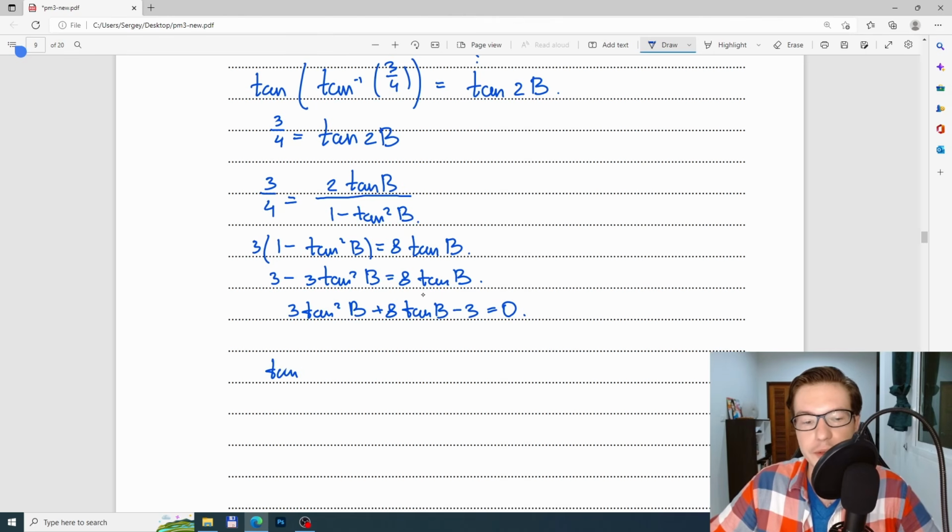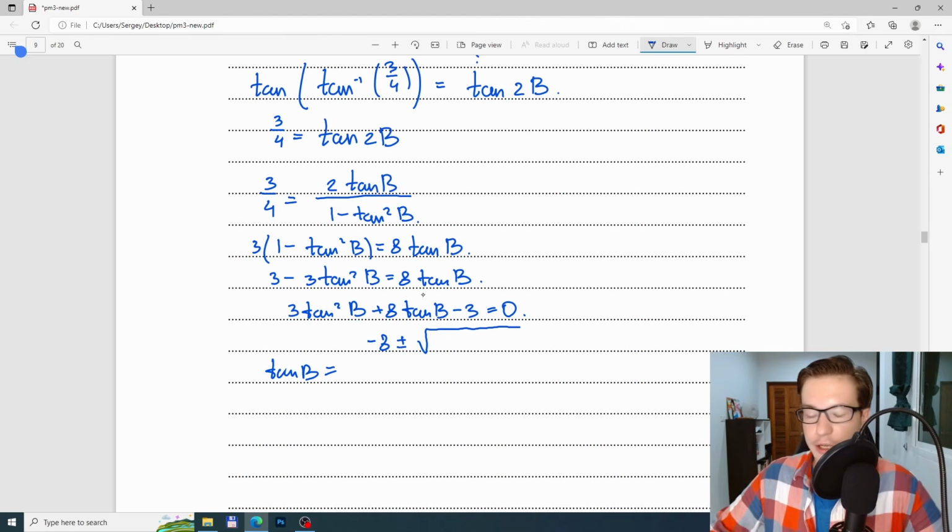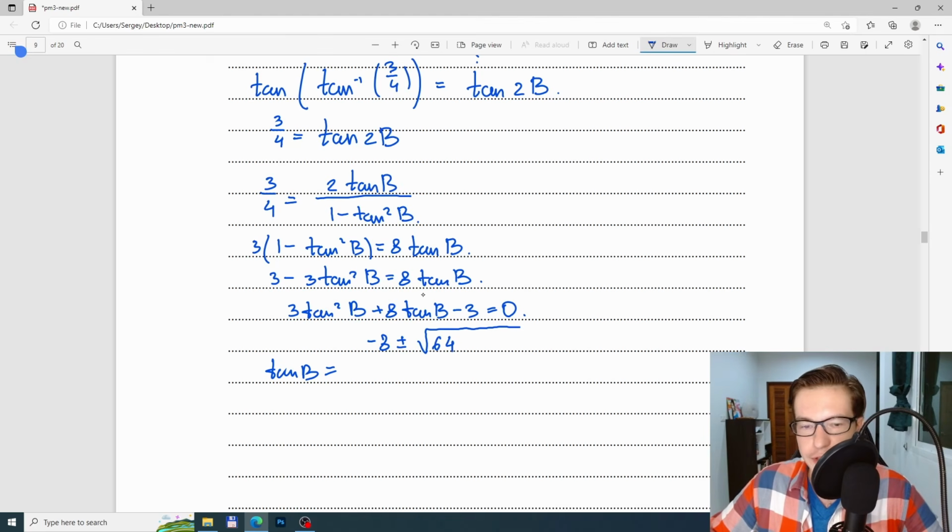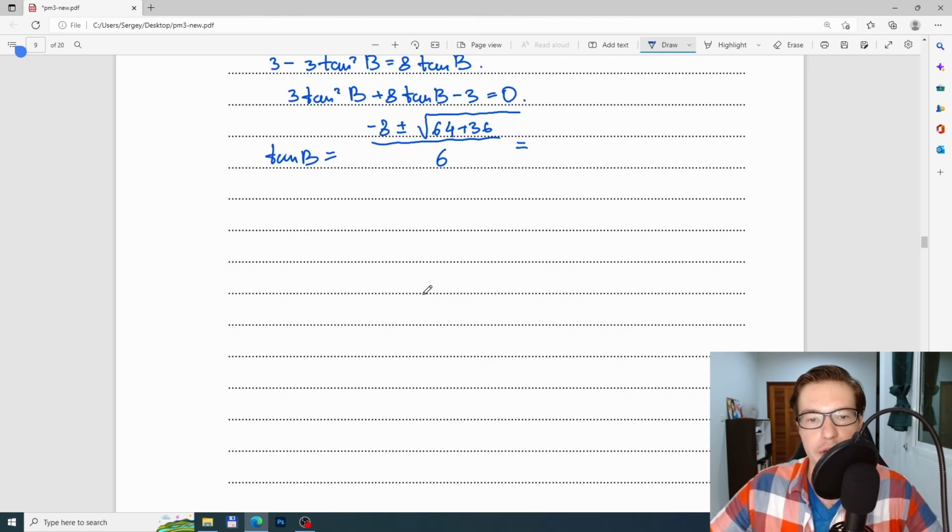So tangent b equals, I'm going to use the quadratic formula and get minus 8 plus or minus the square root of b squared minus 4ac, which in that case is going to be 64 plus 36, over 2a, which is 6. Just a couple more rearrangements.